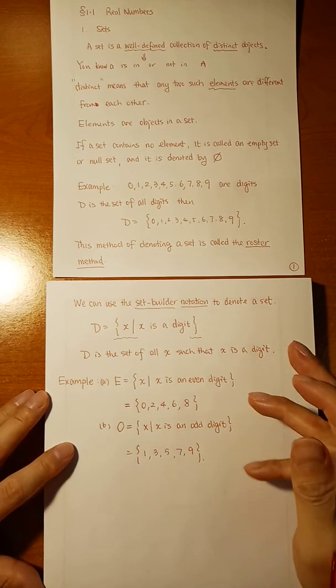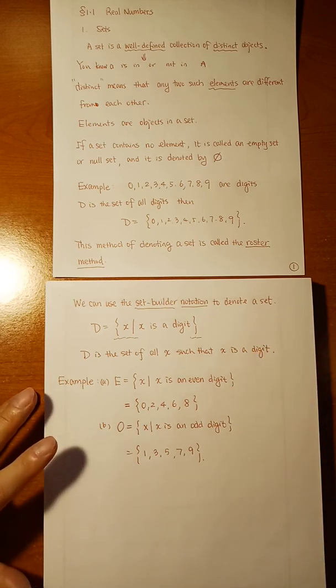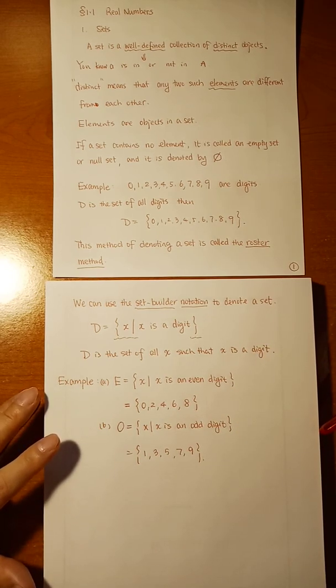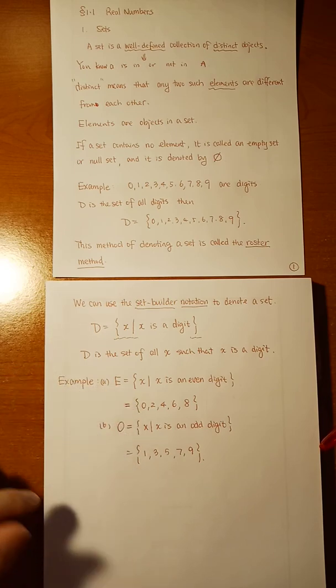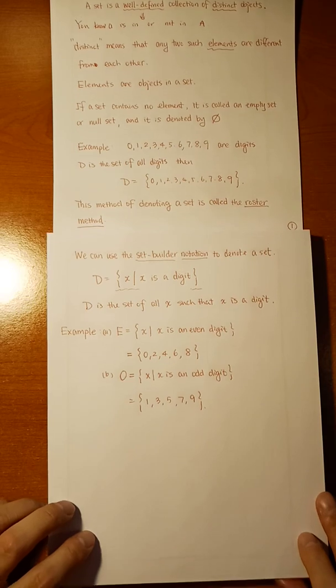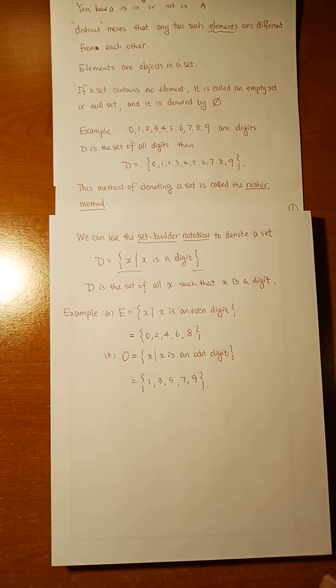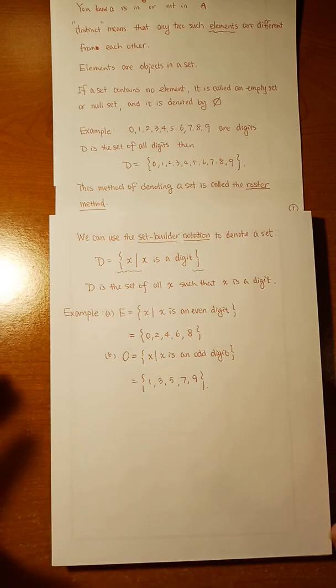So you have two different methods to denote the same set. One is the so-called set builder notation. The other one is called the roster method. All right. Okay, so after we denote a set, we are going to compare them.